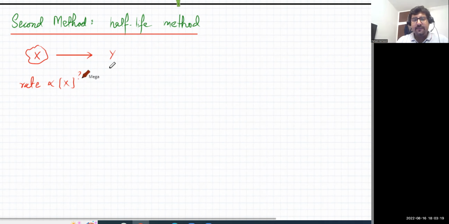But one thing is for sure: when the reaction happens, the concentration of X decreases. Whenever any reaction happens, the reactant concentration decreases with time.